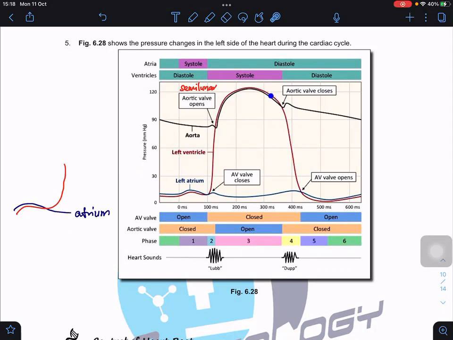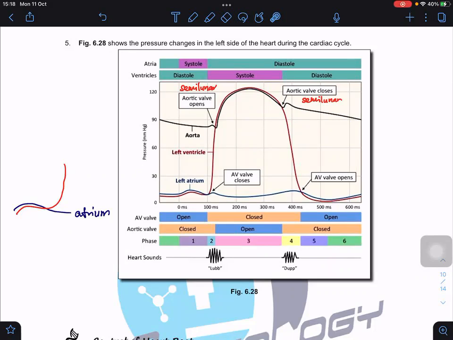Once the pressure of the ventricle is lower than the pressure of the aorta, we don't want backflow of the blood from the aorta back to the left ventricle. So therefore we need to close it. Again, the semilunar valve closes. Are you clear?